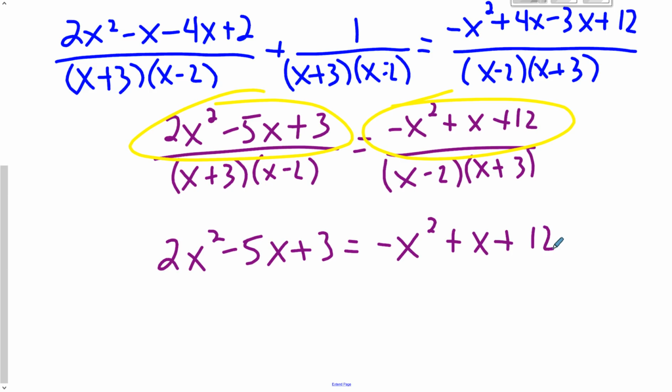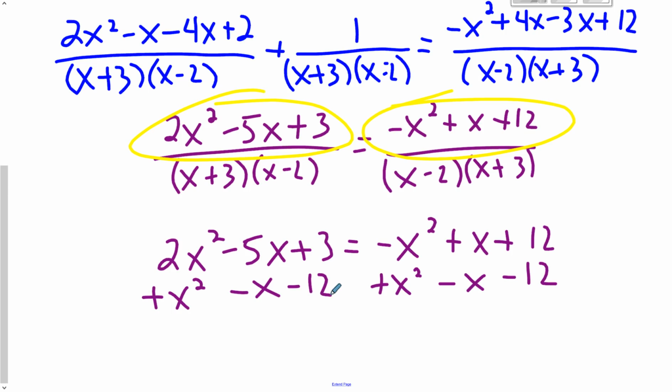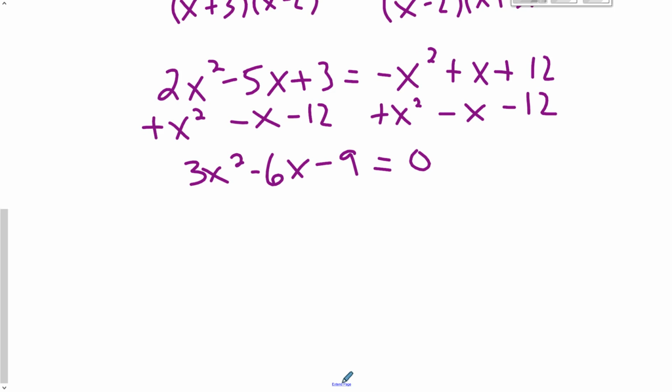And since it's quadratic, I need to get everything on one side, set it equal to 0. So I'm going to add x squared to both sides. I'm going to subtract x from both sides. And I'm going to subtract 12 from both sides. So I end up with 3x squared minus 6x minus 9 equals 0.